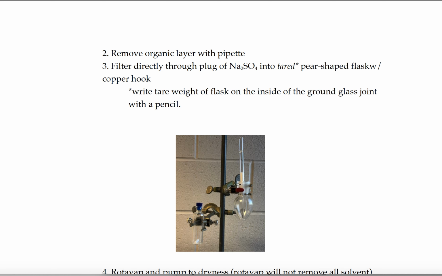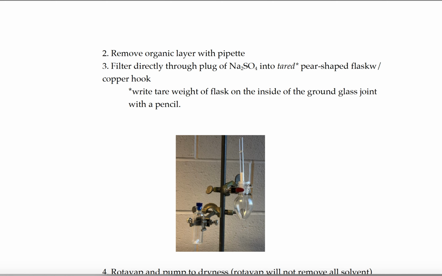One is a copper wire with a hook on it, although it doesn't seem to have it in this picture, so that you can hang it off a couple of things. One is you can hang it off a scale so you can weigh it. The second is so you can hang it off your monkey bar, so that your monkey bars become all cluttered with pear-shaped flasks. The other thing is, inside on the ground glass joint, you should tare the flask.